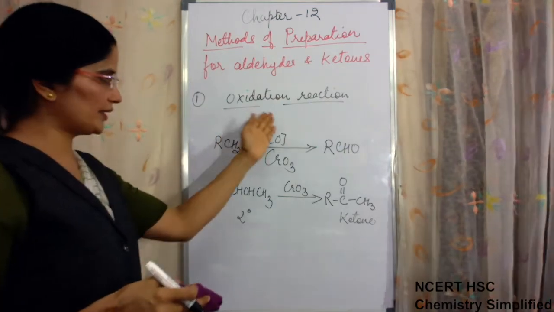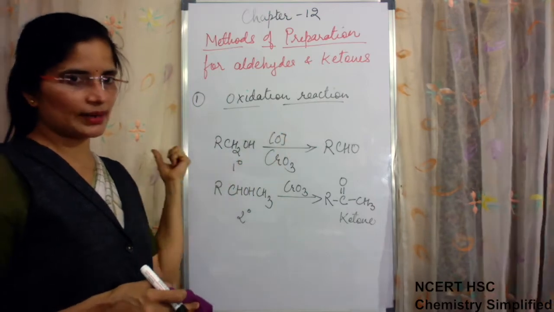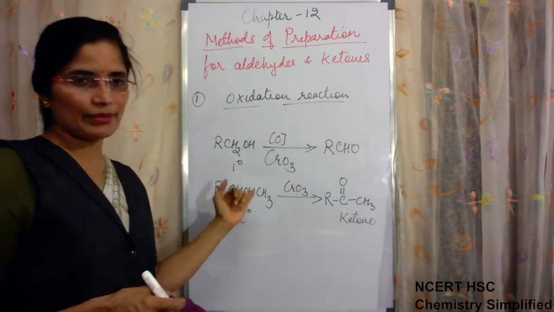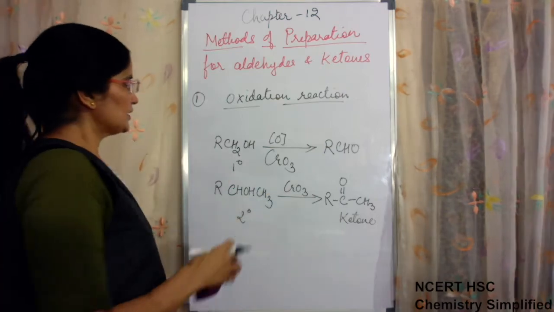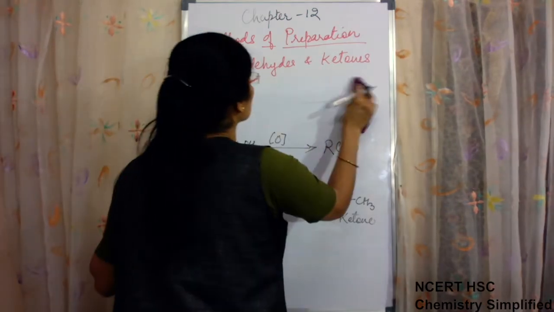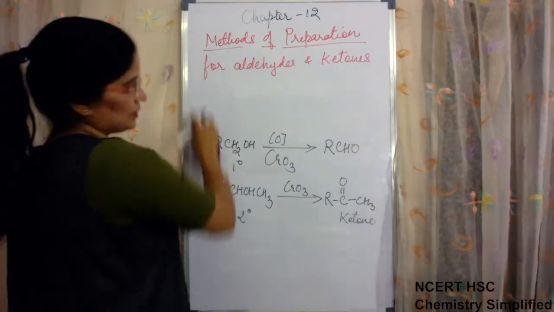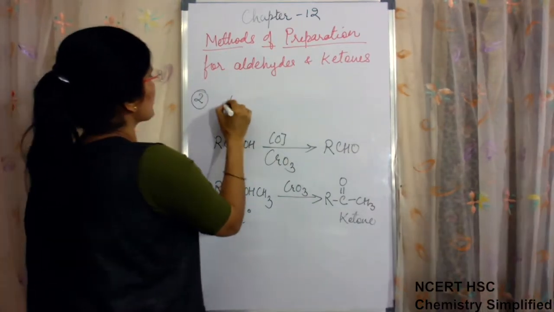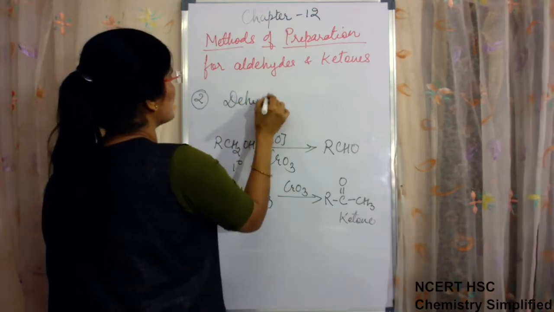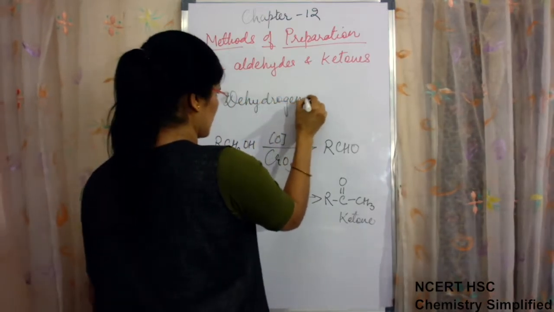This method was already done by you in the previous chapter, alcohols, as a chemical property of alcohol to give aldehydes and ketones. Now the next method is also a previous chapter reaction, that is the dehydrogenation reaction.